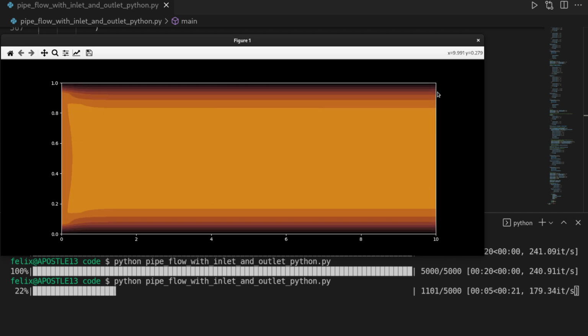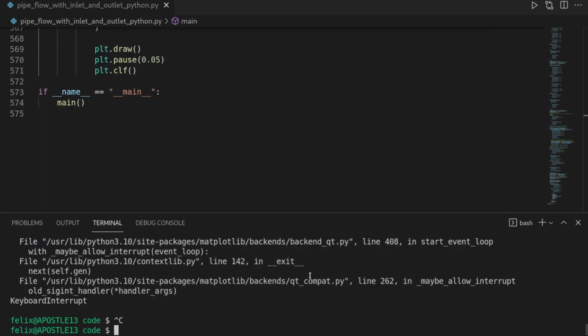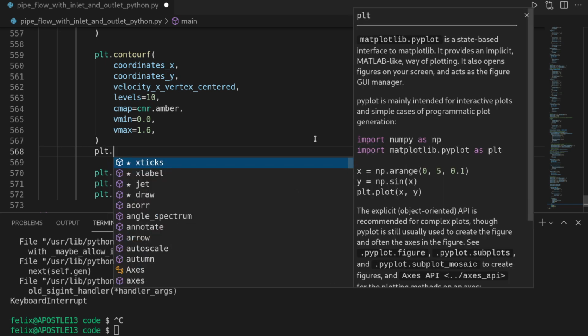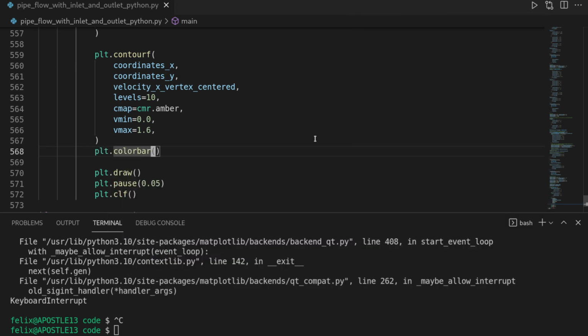Maybe it would be also nice to have a color bar here next to the plot. So let me close that down and add a color bar. Then maybe on top we can lay the quiver plot, so the vector plot.